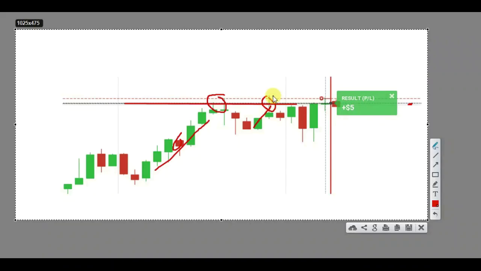Again it's trying, but it got rejected from the round number. Again trying strongly. See, this time it tried 2 times with sellers, but this time only one seller. What does it mean? Here it means buyers are in control. That's the reason you can see strong buyers here. But the candle again closes at the round number. So that's the reason you can see strong sellers entry.